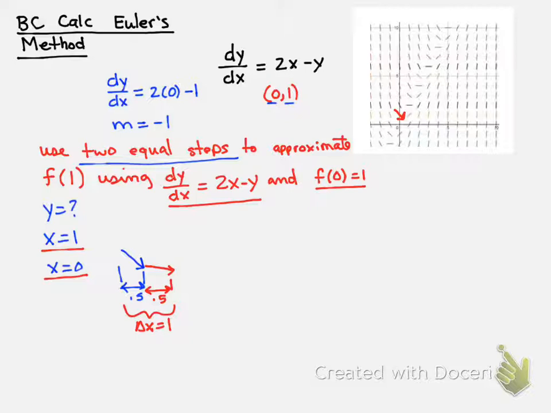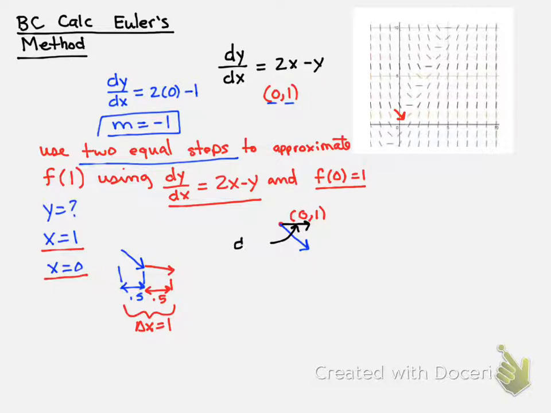And so what I encourage all students to do, there's all kinds of table methods and things, but I think what you really need to do is think about exactly what we're doing. We're going to start at the point 0, 1, and we're going to go with a slope of negative 1. How far are we going to go? Well, we're going to go for x is 0.5.